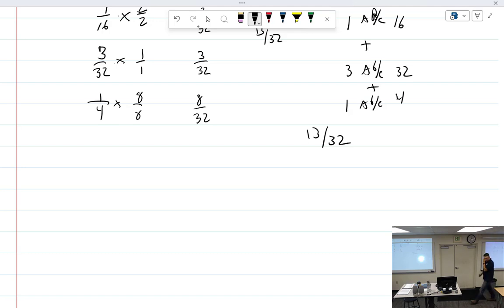Without getting all mathy on everything, what are some ideas? How could we convert 13/32 to some other fraction? I've stumped you. How would we convert this to a decimal? I want that in a decimal now.